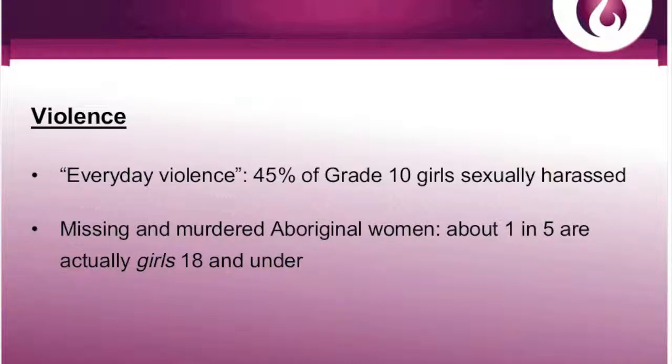So in terms of violence, I think the key point is that we sometimes tend to think of violence as just outstanding acts of violence that are visible with the eyes and are very obvious. But the fact is that in girls' lives, there's a lot of undercurrents of violence, such as sexual harassment in schools or on the streets.